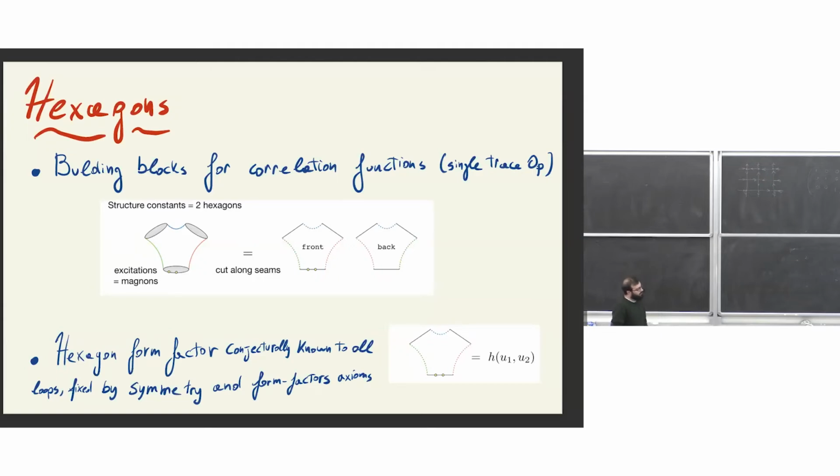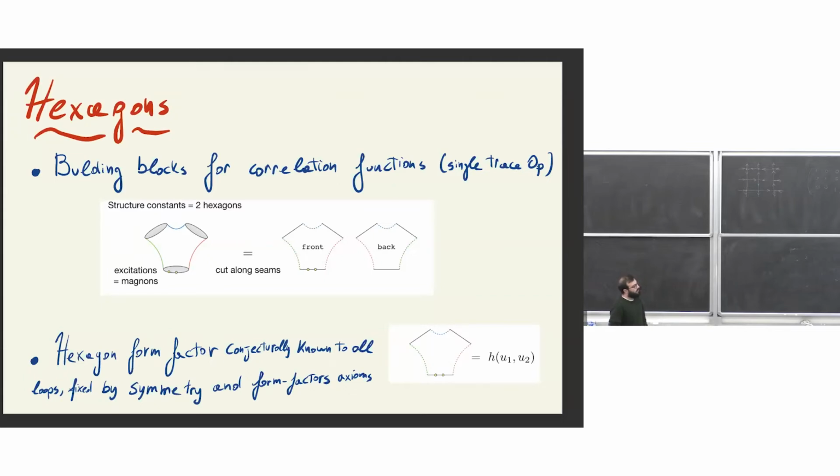The first step has been solved by Benjamin and other collaborators, and you can construct this hexagon form factor to whatever loop order you want, written in a very compact way. They fixed it, as was done for the S matrix, by using the symmetry of the theory. Using the symmetry and form factor axioms, so the Watson equation and other things you may be familiar with, they were able to build this building block.